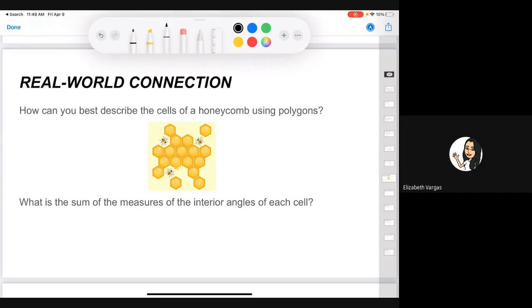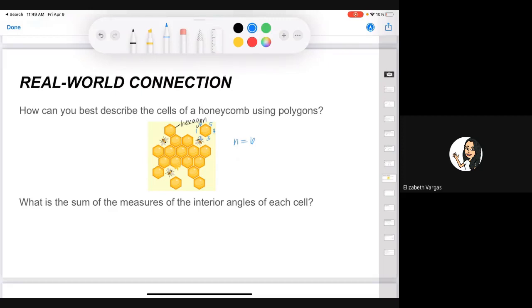So what if I'm asked to find the sum of the interior angles of each cell in a honeycomb? Well, a honeycomb is created using a hexagon. And a hexagon has 6 sides. So you'll see that this is 1, 2, 3, 4, 5, 6. That means n is equal to 6.